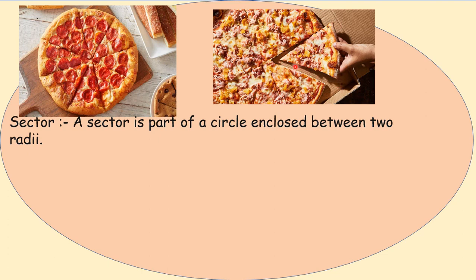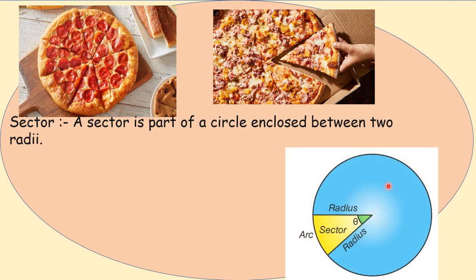This part is called the sector of the circle. So we can define a sector as a part of a circle enclosed between two radii. So we can say the two radii and an arc make a sector. So the part of the circle enclosed between the two radii and an arc is the sector of the circle.